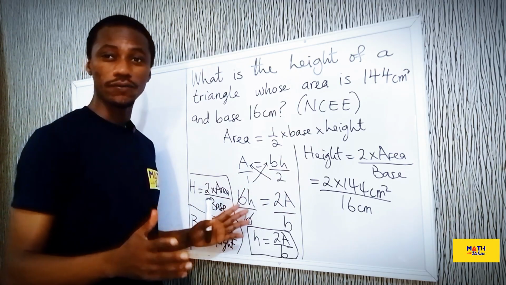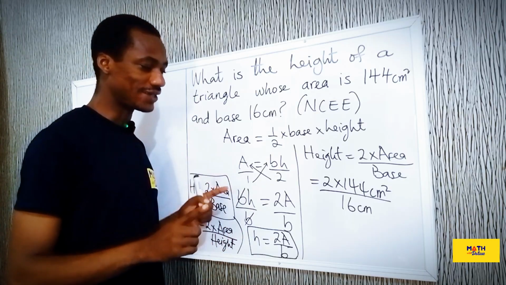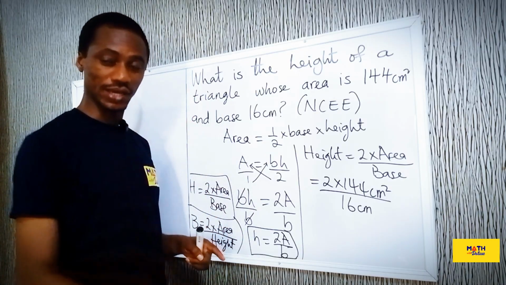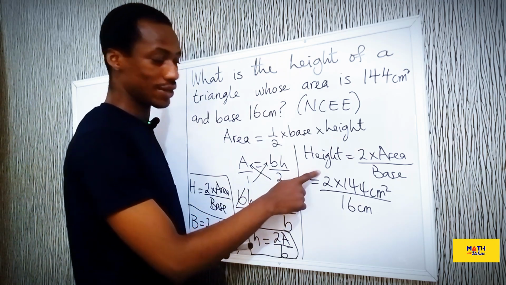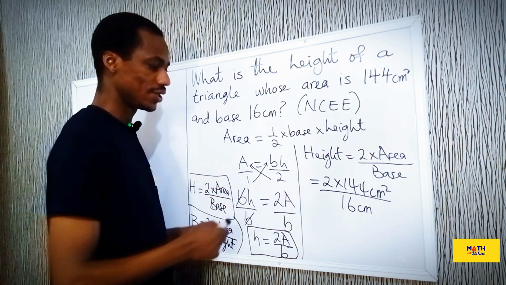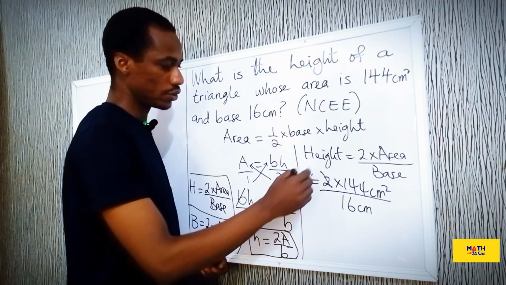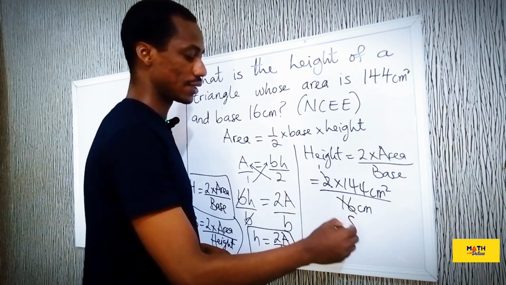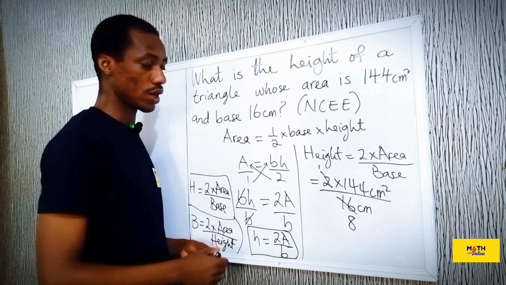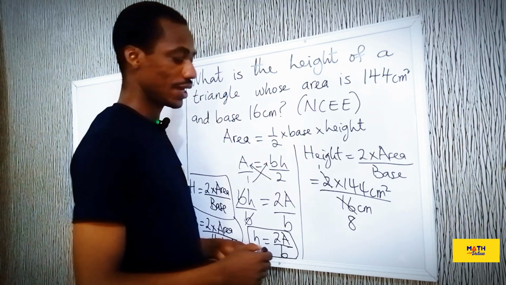Look at the common factor, something that can divide a number upstairs and also the number downstairs. I could even start with these 2, because I know 2 can go in 2 and 2 can go in 16. So I have 2 in 2 as 1, and 2 in 16 as 8.